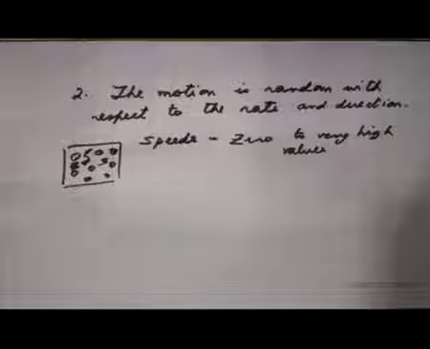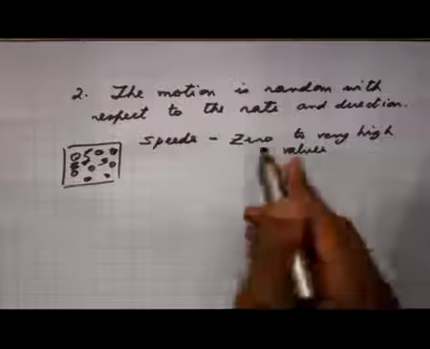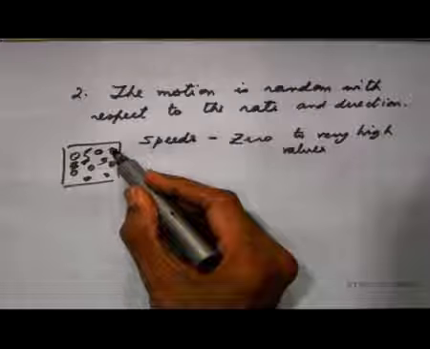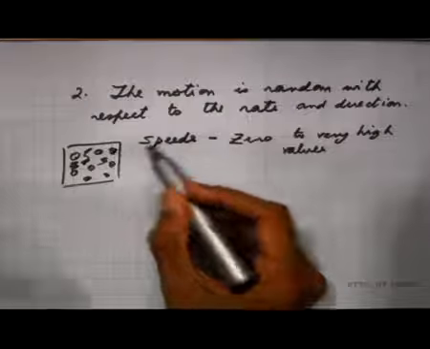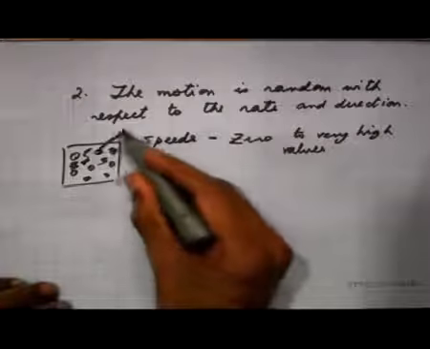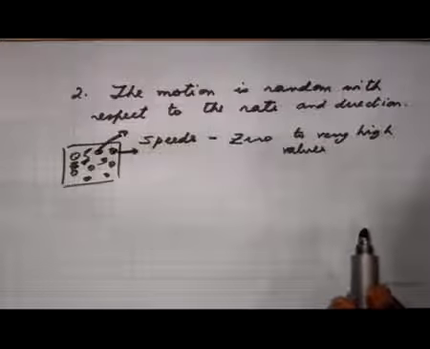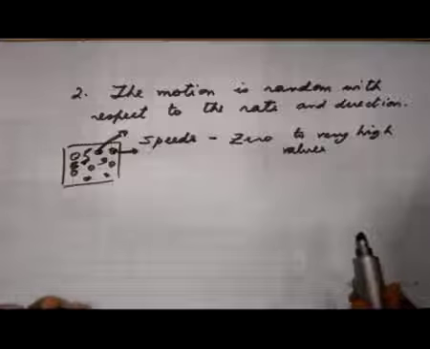It is random, that is, if you took one molecule, you would not know what its speed is when you looked at it, and one molecule and another molecule could in principle have completely different speeds.